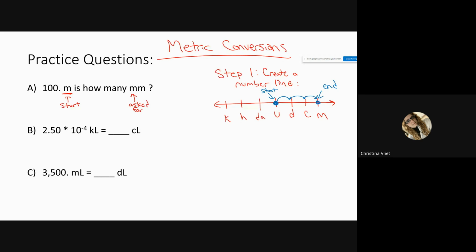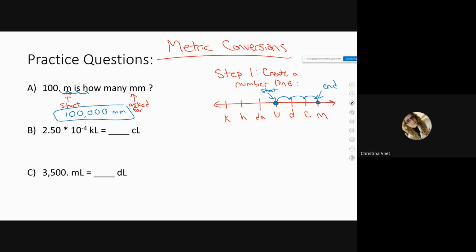To the right. That's how you would move your decimal in your number as well. 3 to the right, so you would go 1, 2, 3. If there are no numbers there, what do you have to add in? 0. And so it's 100,000 millimeters. It's the same as 100 meters, and that's awesome. We're going to try this again.